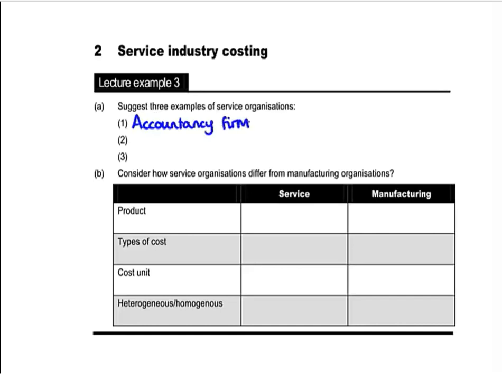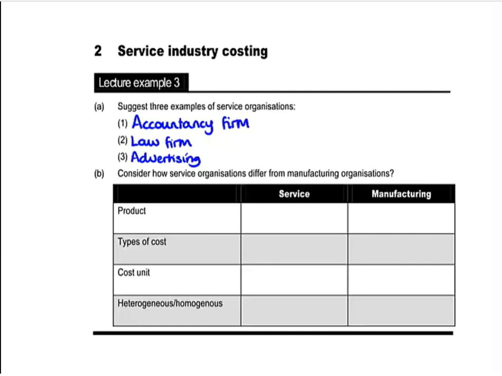They don't provide tangible output, they are providing a service. Same could also be said of a law firm, so providing legal advice, and perhaps an advertising company or advertising agency. All of those are providing services. Equally, you might have charities and government agencies as well providing services.